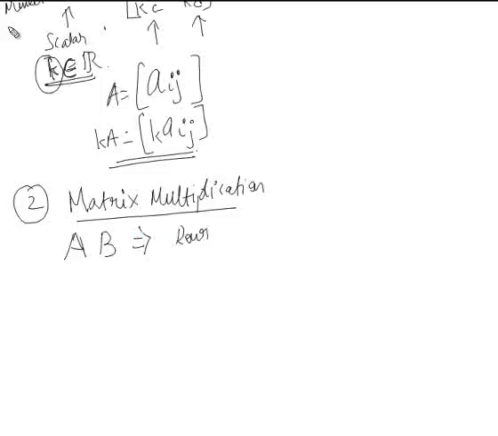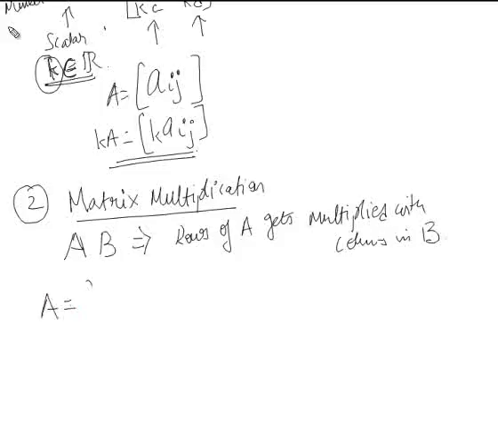Rows of A get multiplied with columns in B. That is, say for example, if A looks like a, b, c, d with subscript 1, and B looks like a, b, c, d with subscript 2.